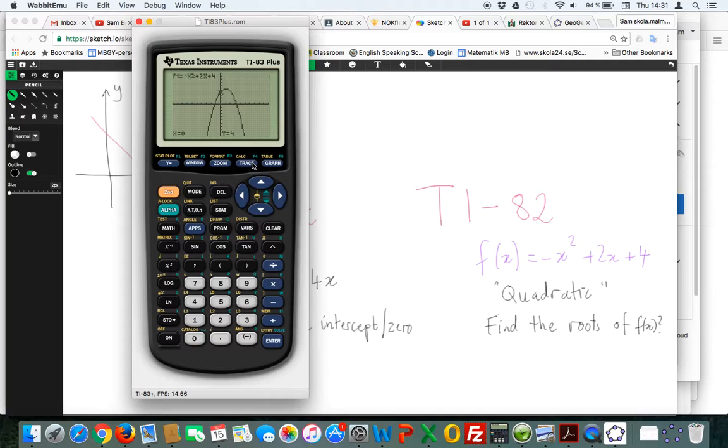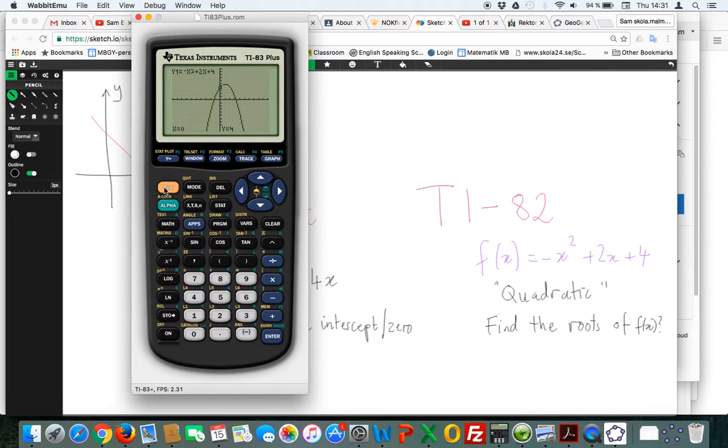And again, if the graph doesn't fit automatically on the window, you have to either change your scales using window or the zoom function. And in order to find the roots, I have to go to second, calc, and then number 2, zero. And I have to choose a left bound. This function actually has two roots, two places where it goes through the x-axis, here and here.